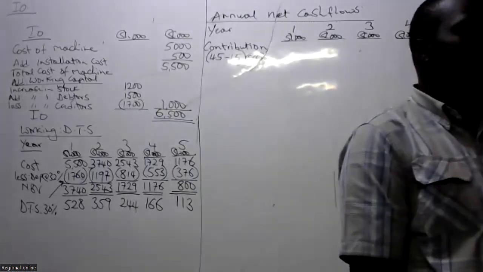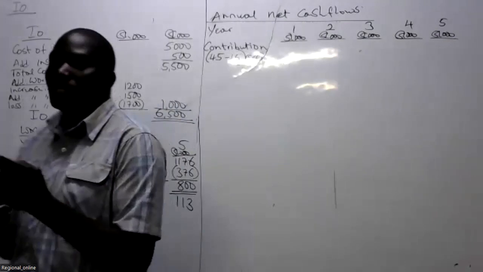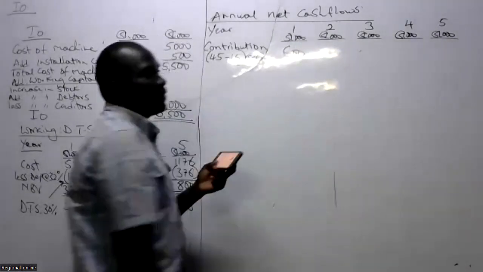In year 1, how many units? 20,000. So 30 times 20 is 600, in thousands of shillings.